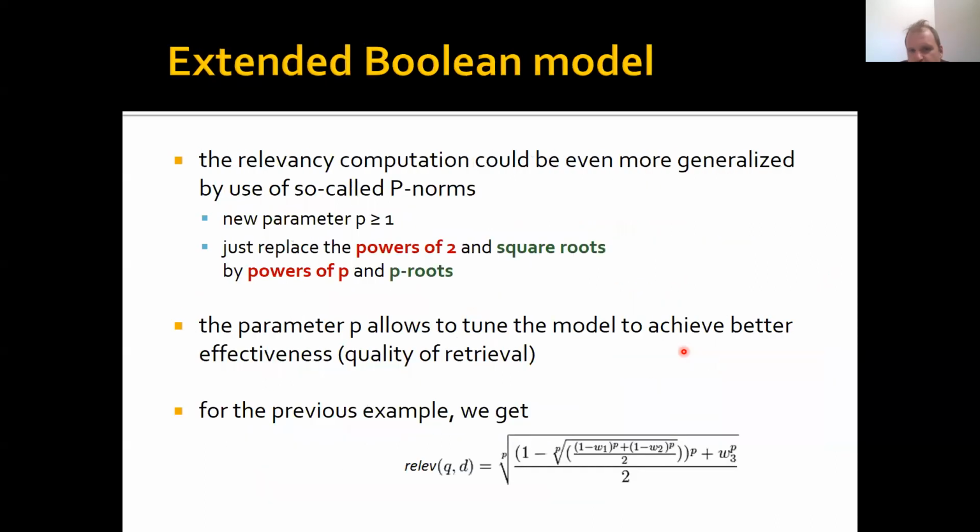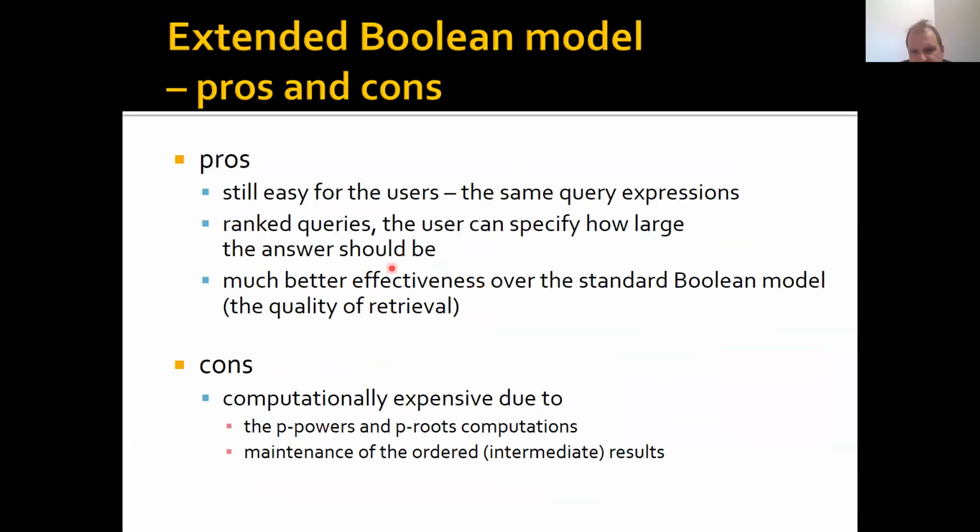Then we should also have a more effective search than the standard Boolean model, in theory, so better quality of retrieval. For cons, it's more computationally expensive, because if we use the P powers and P roots, we also need to maintain intermediate results. So it's quite computationally expensive.